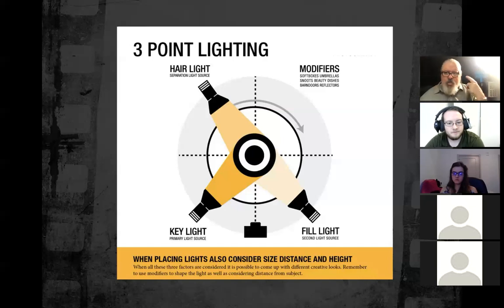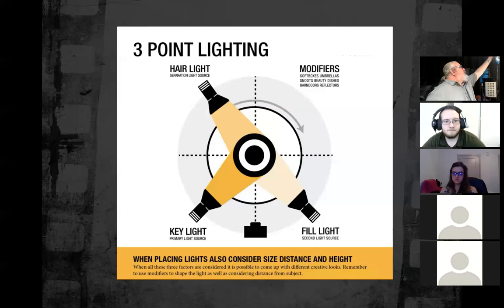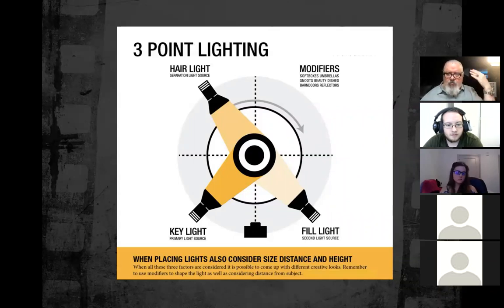So if the background is not completely black, like what I had here, and it has detail, but I want my subject to stand out a little bit in the foreground, I might use an edge light to help separate me a little bit from that background and define my profile a little bit better, so that we have a sense of foreground and background information here.